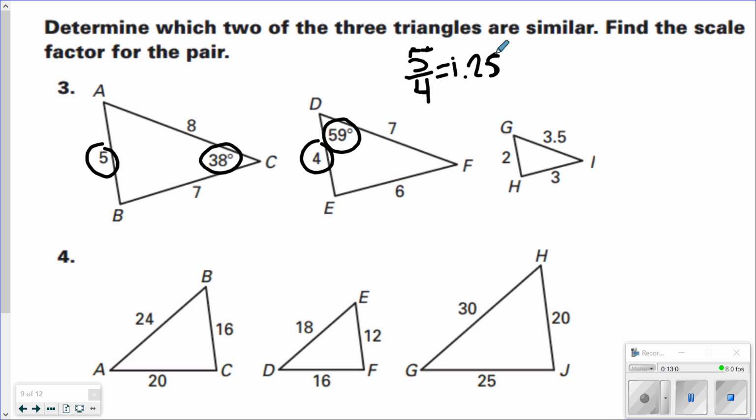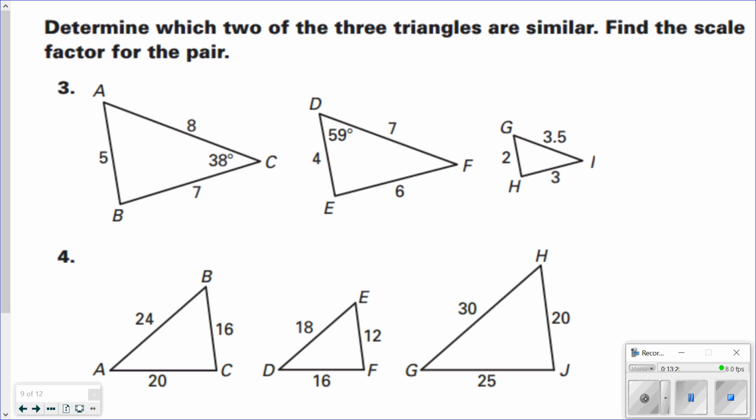All right, so let's look at another side length. We can focus on 7 and 6. So 7 divided by 6 is equal to 1.17. So these two proportions are not the same. They don't simplify to the same number. So right away I know that these two are not similar.